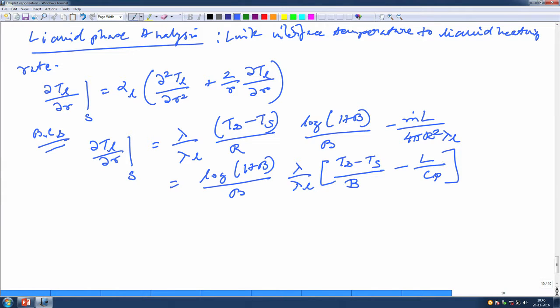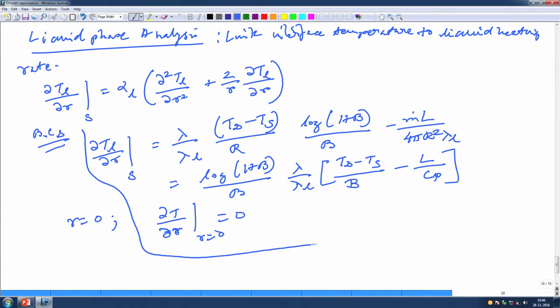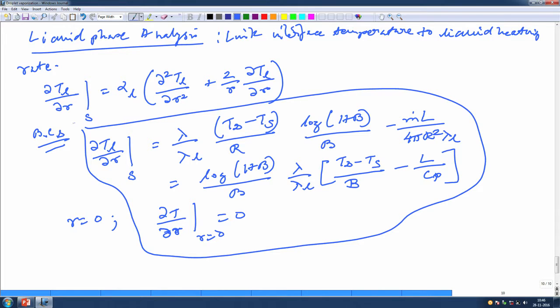Got it? And the symmetry condition prevails at r equal to 0. That means your dT by dr at r equal to 0 is 0. You got it? So that is the basic set of equations.